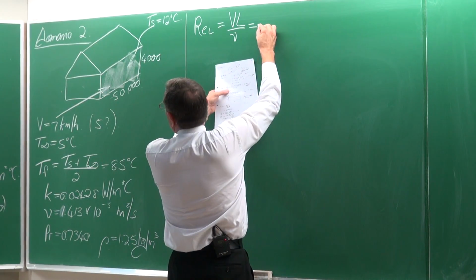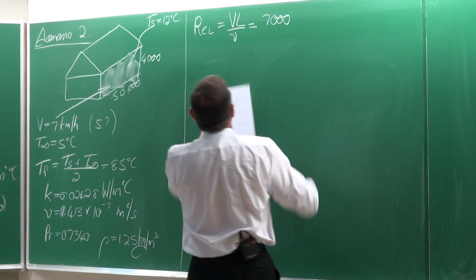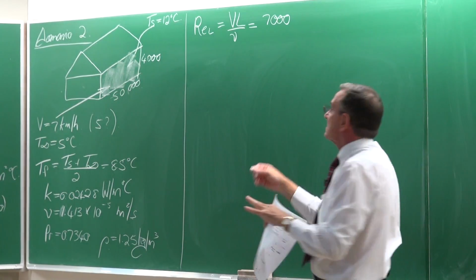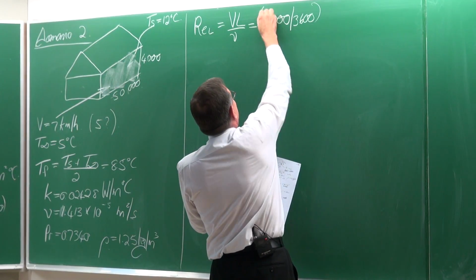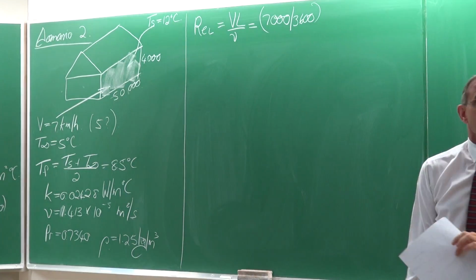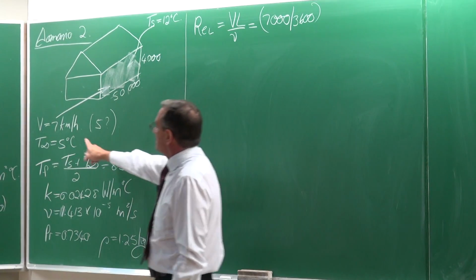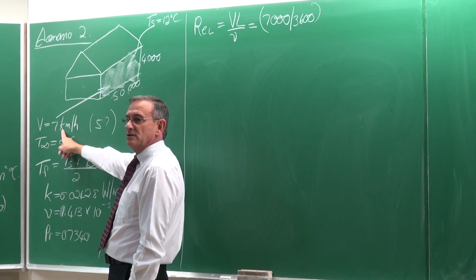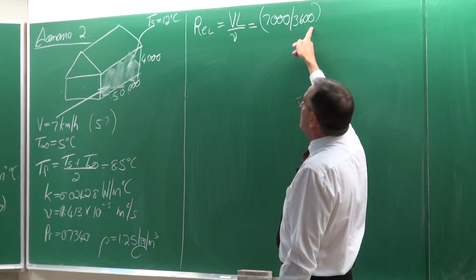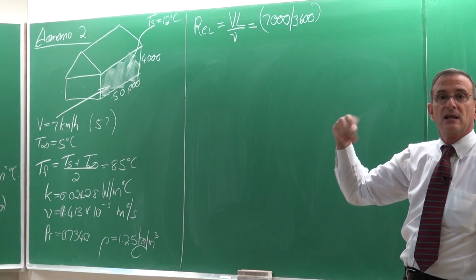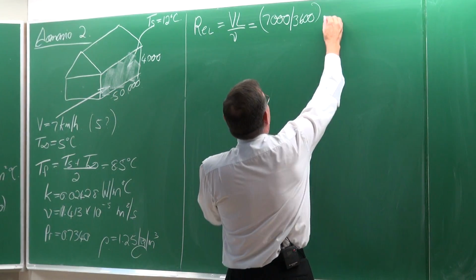The velocity in this case is 7 kilometers per hour, so it is 7,000 meters divided by 3,600 seconds to get it to meters per second. Multiplied by the length.